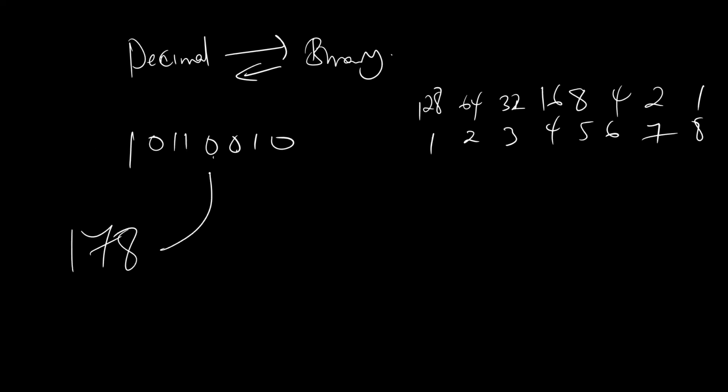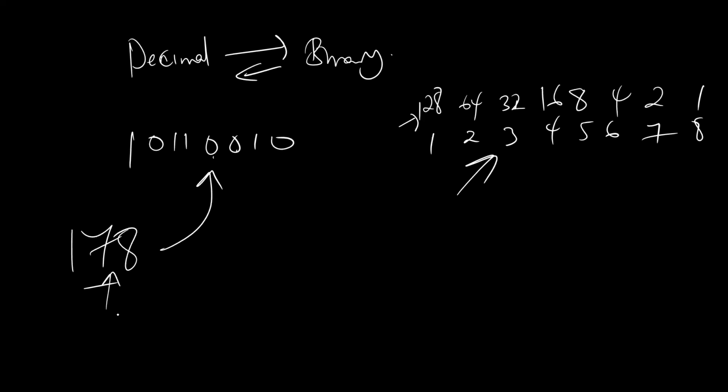We want to convert it back to this number using this same binary position notation. So how do you do that? If I have a number 178, the first thing I do, I look at this position. Is this number greater than this one?